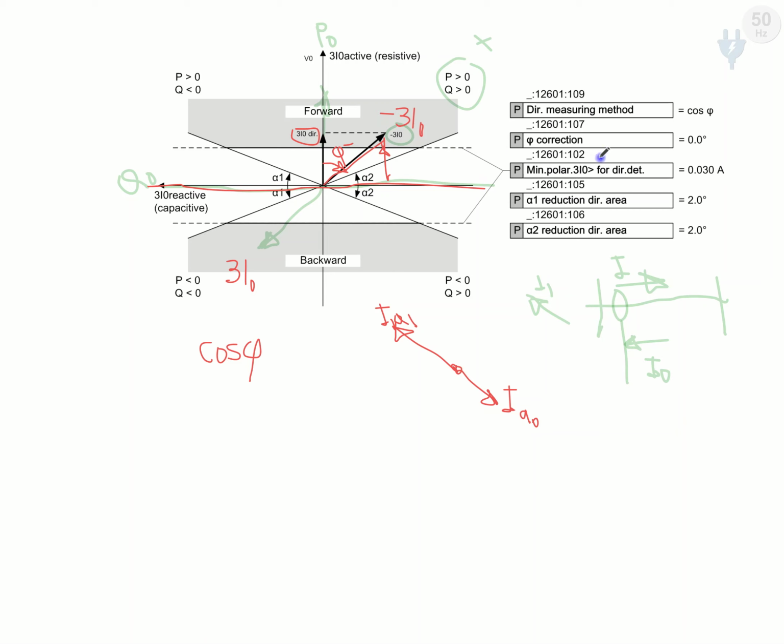Then this part is the minimum polarization zero sequence current for direction determination. Here it is taken as an example as 0.03 amperes.